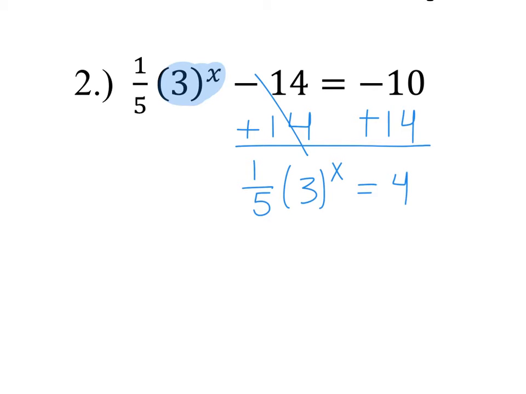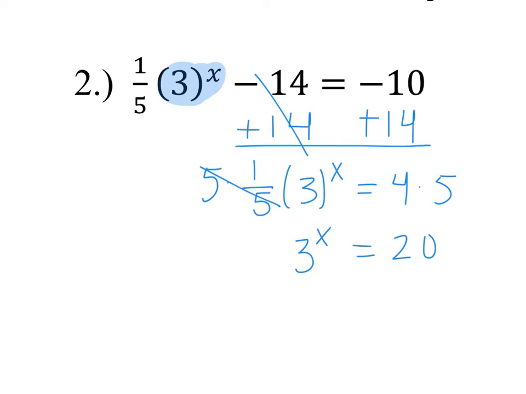Now, to get rid of the fraction 1/5, there's a couple ways you can do that. You could divide both sides by 1/5, or simply multiply both sides by what's in the denominator. The 5 times the 1/5 will cancel that out, leaving you with 3 to the x equals 20.